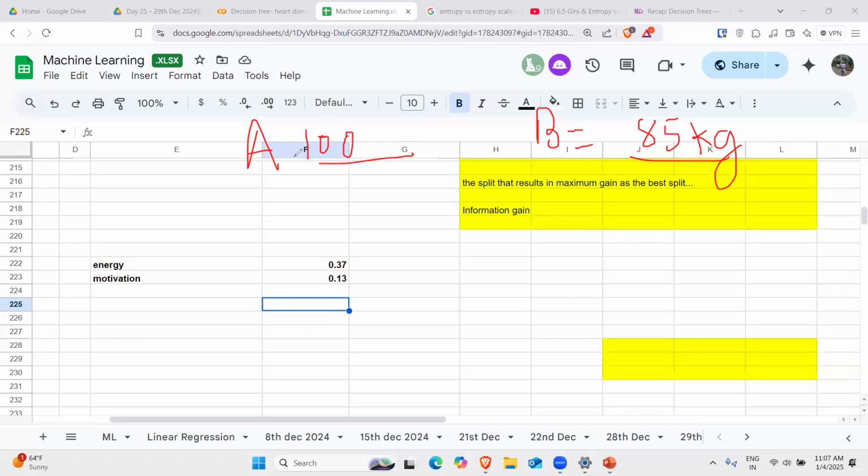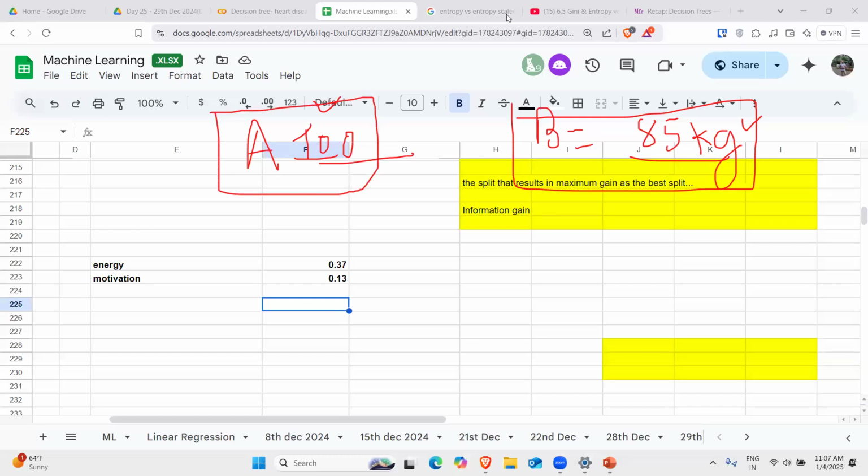Which one is good now, 100 or 85? Who is fit, who is healthy? 85. So that is your entropy. Entropy should be as minimum as possible. Your weight should be as minimum as possible.